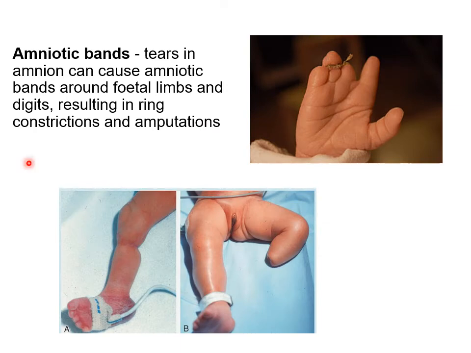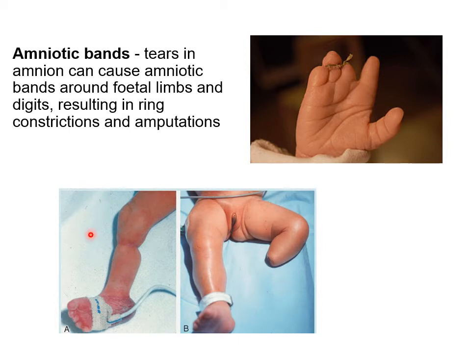Now see what happens if the fetal membrane, that means the amniotic membrane, sticks to a part of a growing fetus. It will hamper growth, and sometimes it may even cut off a limb like a sharp knife. You might think, how can a membrane do that?